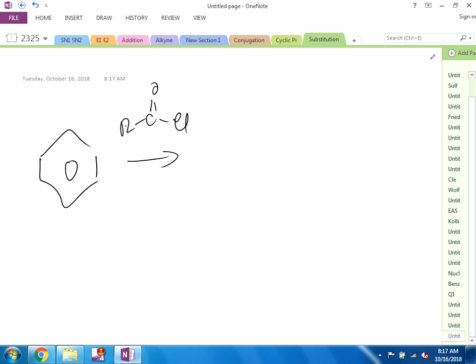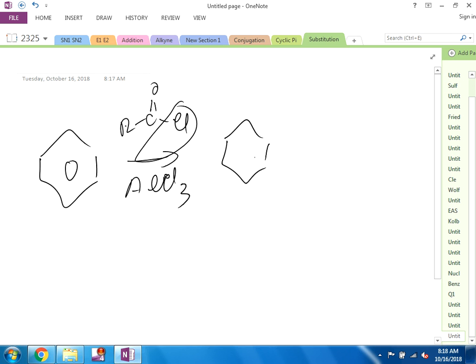This one is Friedel-Crafts acylation. So this is aluminum trichloride. Remember, it gets rid of this and makes a C+, so you make this first.